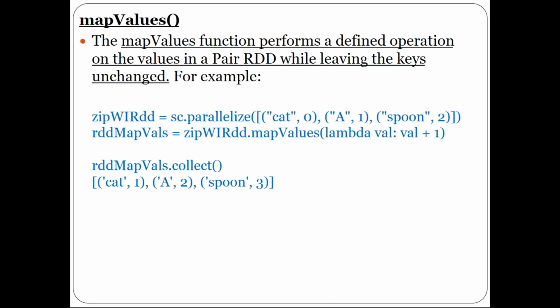It's just that you are adding 1 to your value. That is the map values. Okay, guys, simple. Map is working on an RDD. Map values is working only on the value in key pairs, in pair RDDs. Clear? Any question on this one? How to swap? I'll show you that.